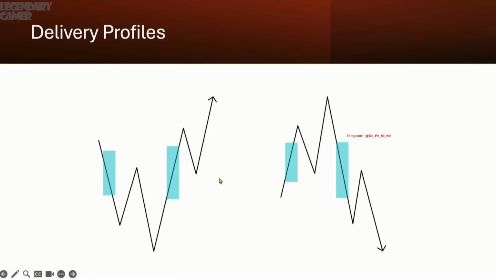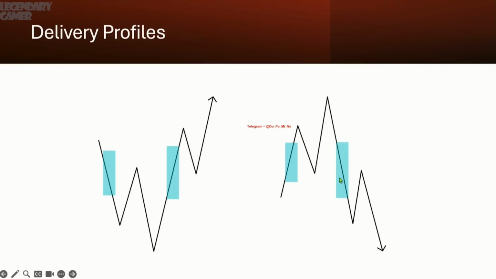So again, keep in mind that if you would count, you would get to the following. You would see buy side once, sell side, buy side. So now it's 2 buy side, 1 sell side again. So now it's 2 buy side, 2 sell side. But because this sell side delivery leaves an imbalance, we need to offer buy side once more and then expand lower.